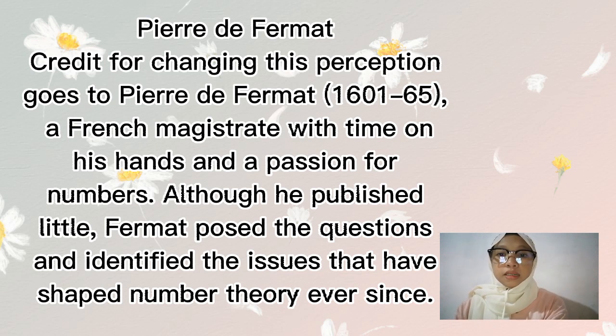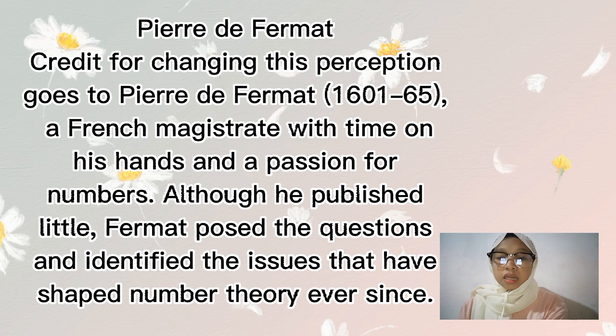The second assertion is one of the most famous statements in the history of mathematics. While reading Diophantus' Arithmetica, Fermat wrote in the book's margin that to divide a cube into two cubes, a fourth power, or in general any power whatever into two powers of the same denomination, is impossible.